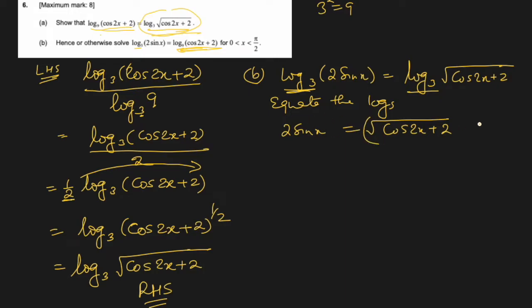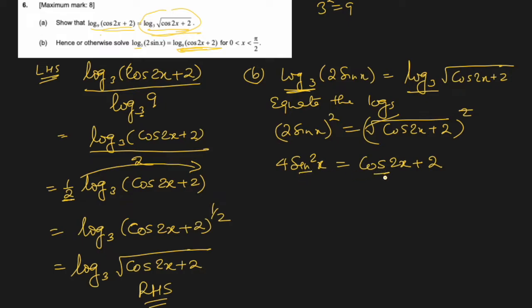Now we have to get rid of this square root. Let's square here and square here. We get 4 sine squared x equal to, the square root and square cancel, that was the purpose, cos 2x plus 2. Now this is cos 2x, this is sine squared x.